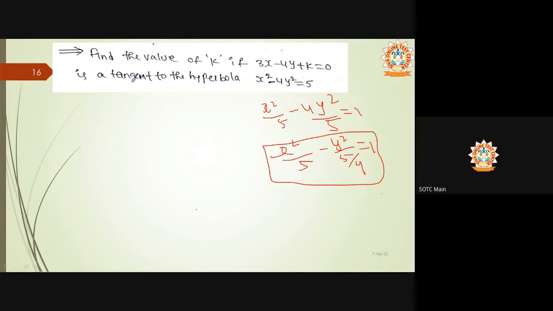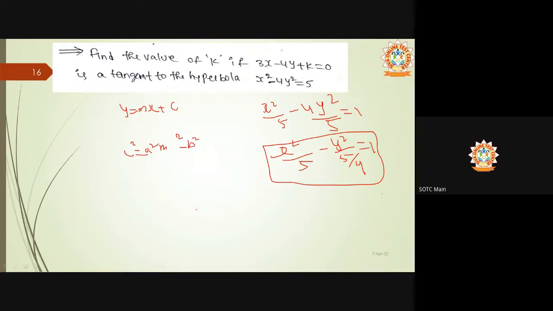So then if y is equal to mx plus c is a tangent to the hyperbola x square by a square minus y square by b square is equal to 1, then the condition is what, ma? C square is equal to a square m square minus b square. Right?